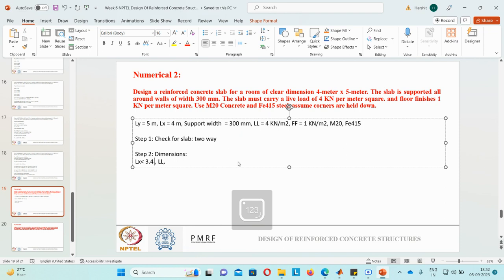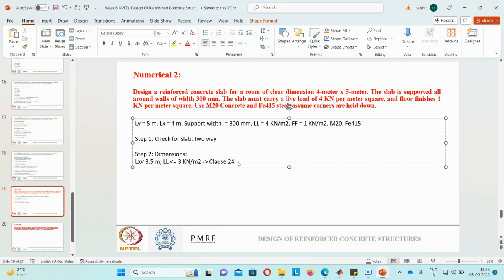If this value is less than 3.5 meter and live load is less than or equal to 3 kilonewton per meter square, then you need to use clause number 24.1 of IS 456, clause 26.